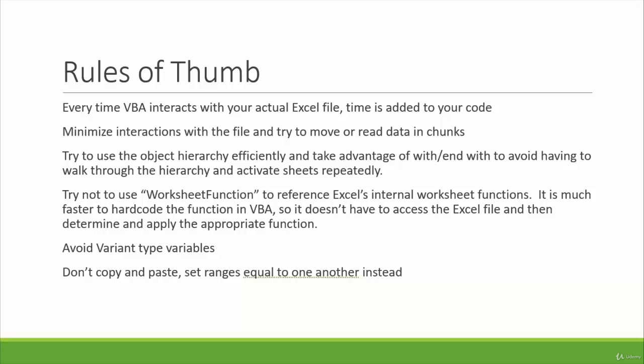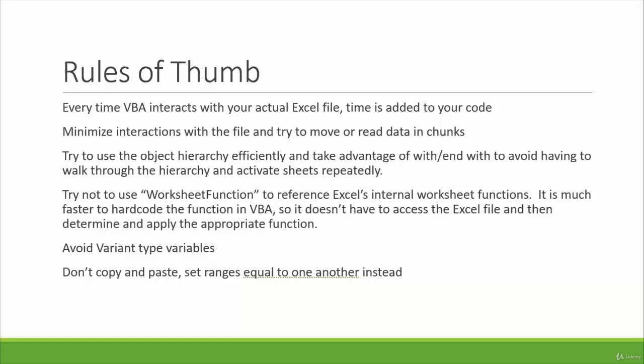We should also avoid the worksheet functions that Excel has. So Excel has some intrinsic worksheet functions that you can use, like the max function or the min function or VLOOKUP and that sort of thing. And you can reference those in VBA, but it takes VBA a long time to read that line because it has to go into your Excel file, find the corresponding internal Excel function that you're referencing, and pull that back into your VBA code and apply the information that you want.